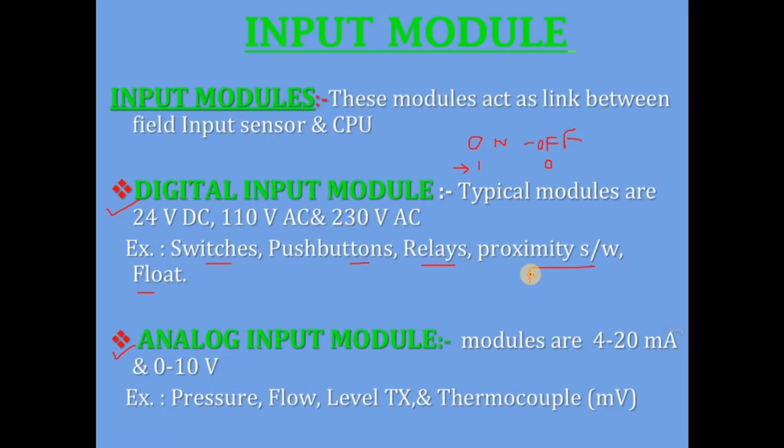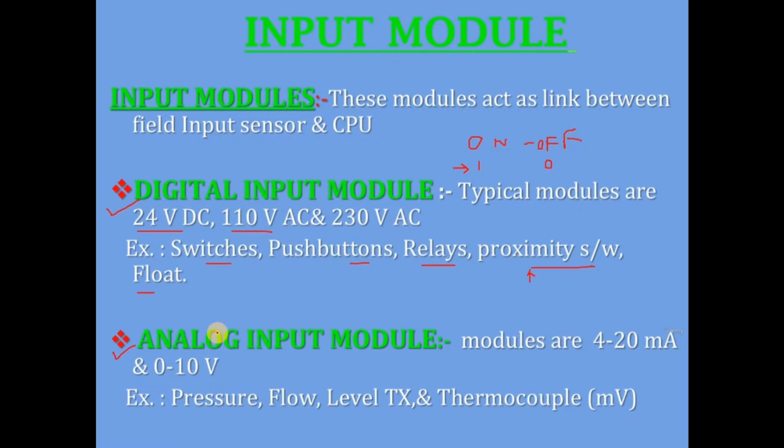So as per the requirement, we need to select digital input devices. Here I have mentioned the required power supply: 24 V DC, 110 volt AC, 230 volt AC, right? Along with that, here you can observe the analog input module also.